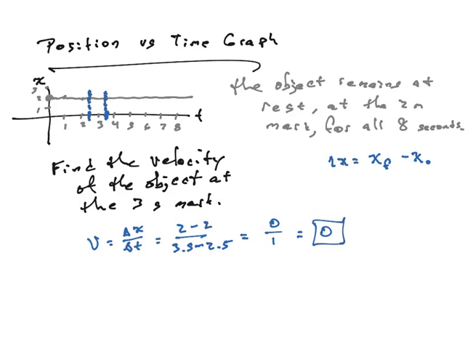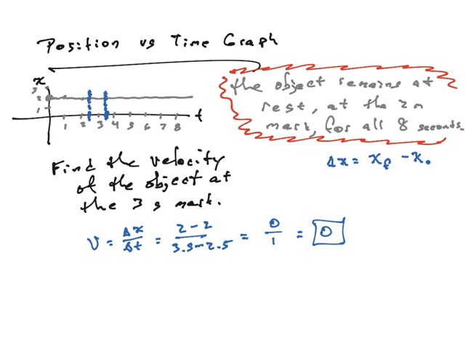So we can see something here: when we have a position versus time graph, the first thing we can do is read off the story of what the object is doing. In this case, it was just staying in place, I should say. But the secondary thing we could do is talk about the velocity of the object. Somehow, encoded in a position versus time graph is the velocity.